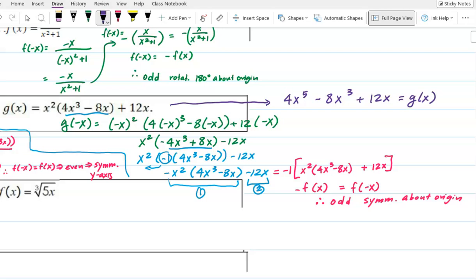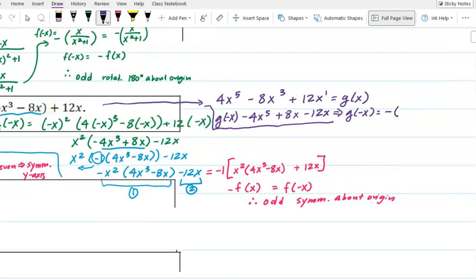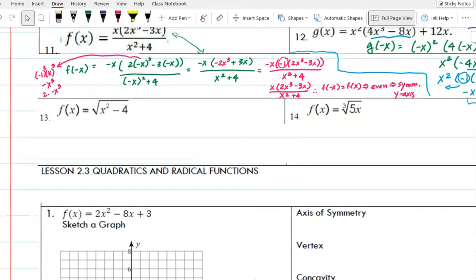And what you could have seen is that since these are all odd powers, I'm going to get a negative 4x to the 5th if I did g of negative x, plus 8x minus 12x, and then I could have just taken out a negative 1 from the three terms, and I would have gotten 4x to the 5th minus 8x plus 12x. So you would have gotten the same answer. Okay? Good job. Okay, next one.